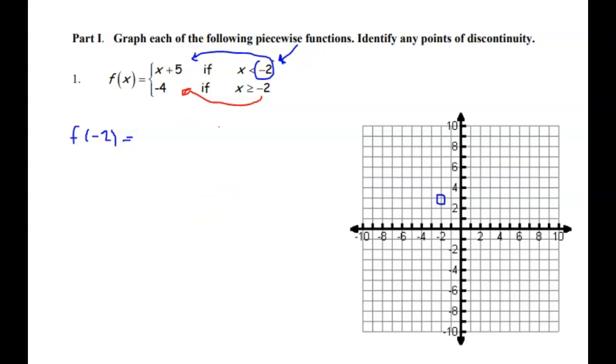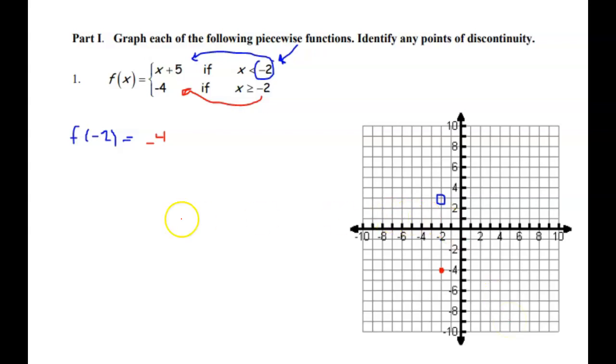That means I'm graphing a horizontal line at -4. This is an example of no slope. So I know f of -2 is -4. I'm going to -2, and then going down to -4. And this time I'm going to put a closed circle because my inequality sign is greater than or equal to.